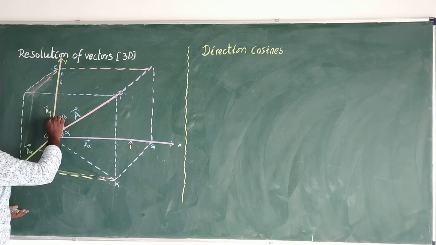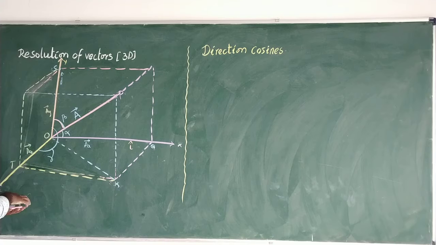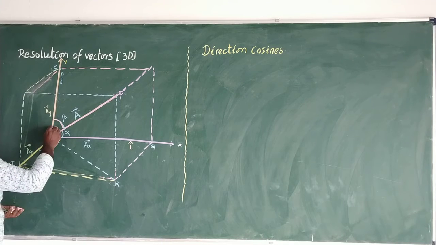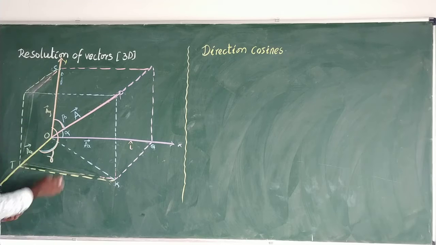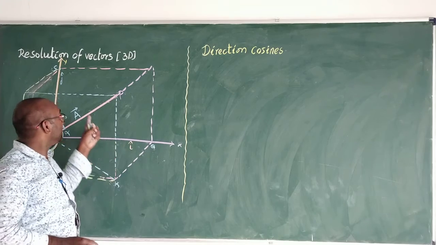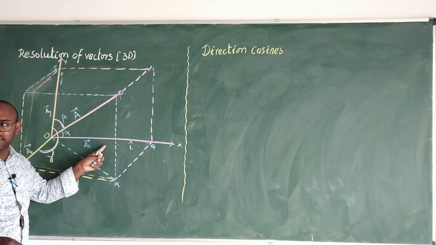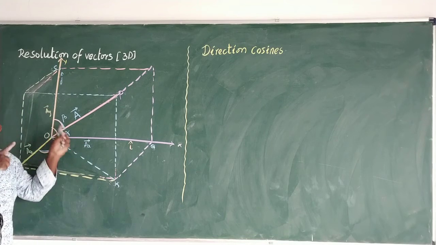That means this angle is beta and this angle is gamma, right? So alpha, beta, gamma are the angles made by the given vector A with the x-axis, the y-axis, and the z-axis.